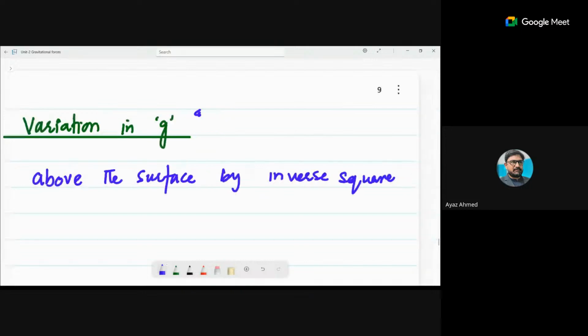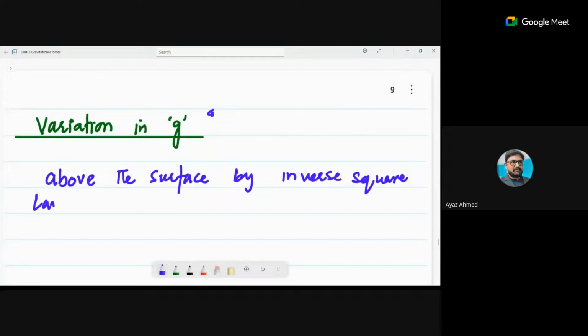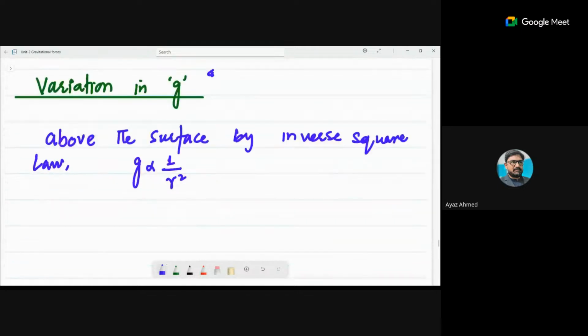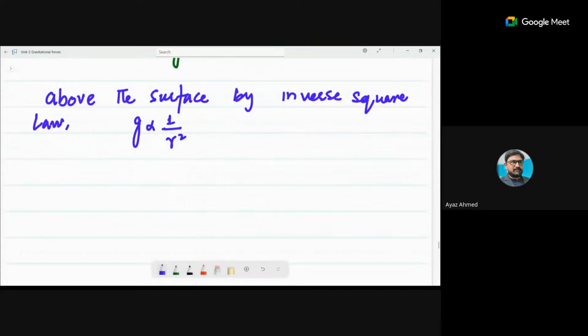So according to that concept, inverse square law, as I told you, g is inversely proportional to r square. Also, if I draw the graph of this, it would give you a very easy description. If you are having a graph of g with r, r is not a fixed value.